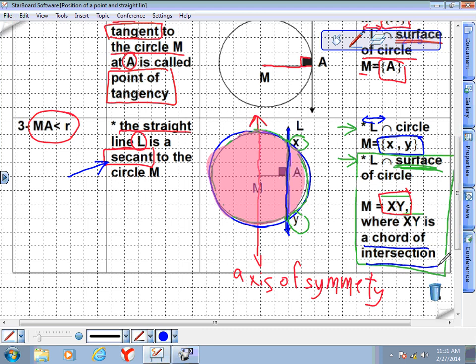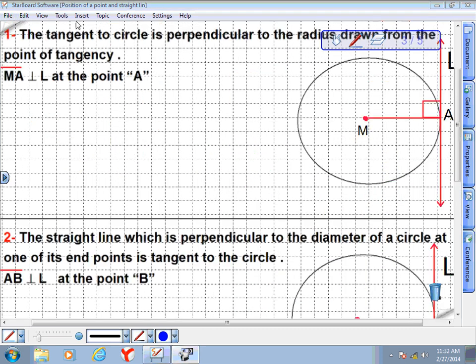So now we have finished talking about the position of a point and a straight line with respect to a circle. Now we will study some important facts.